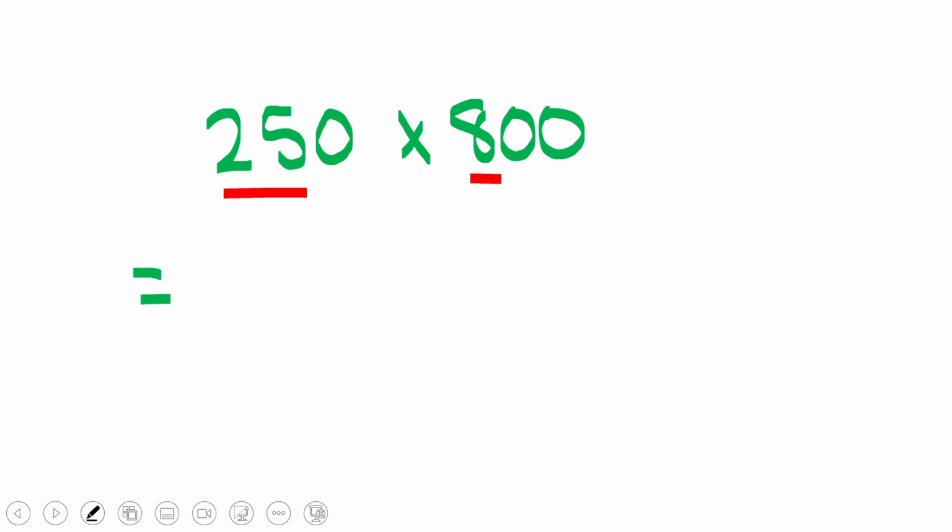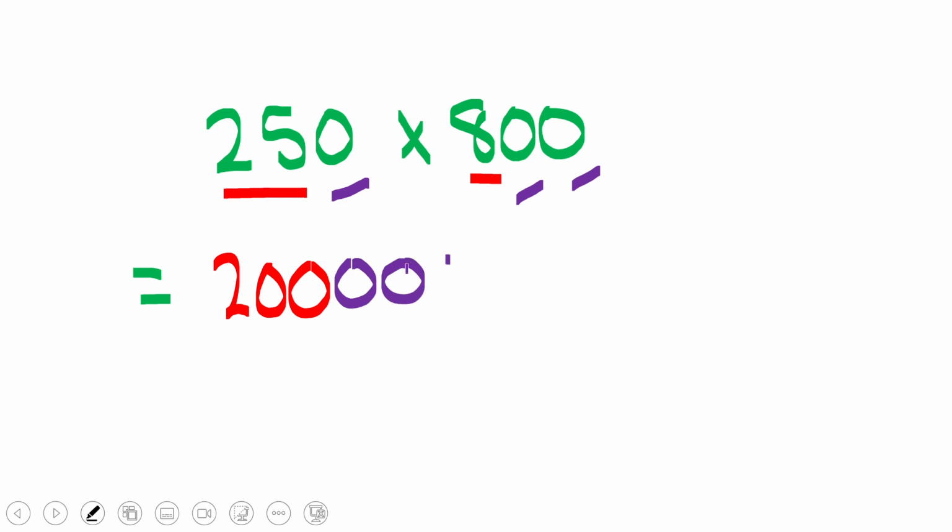So based on your knowledge of money, 8 25s is 200. Outside of that 200, there are 1, 2, 3 zeros to place. Count back 1, 2, 3, comma. 250 times 800 is 200,000.